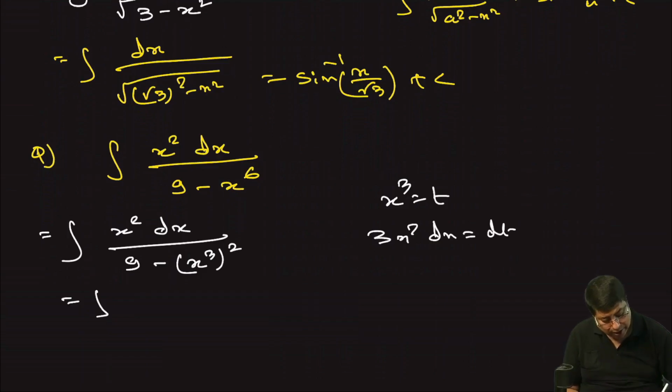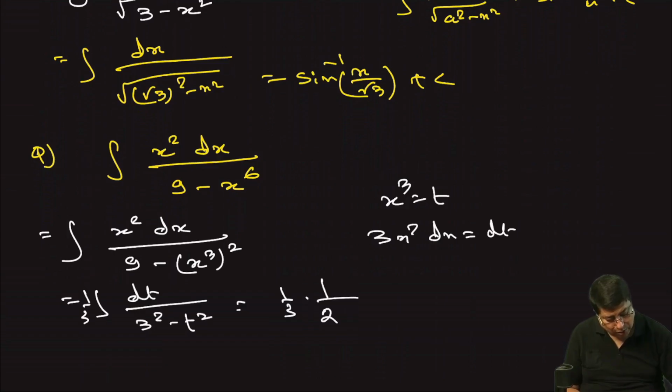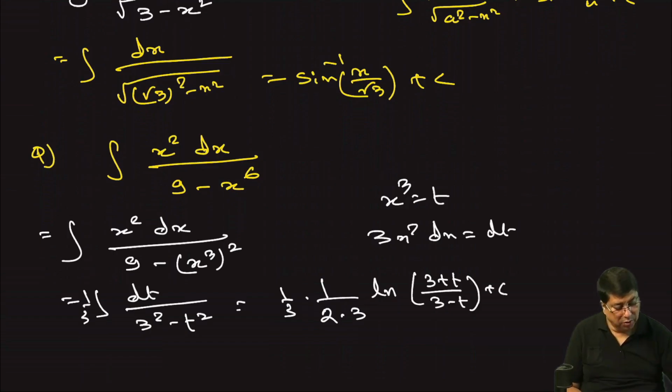I can write here 1 by 3, x square dx in terms of 1 by 3 dt by 3 square minus t square. That is 1 by 2a log of a plus x by a minus x, therefore 3 plus t by 3 minus t. Finally we have to put the value of t.